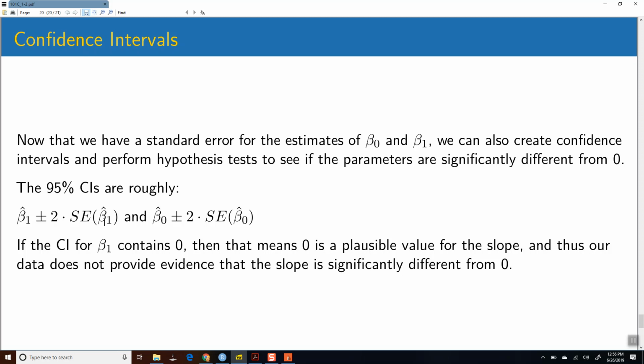It's possible that the population has no relationship between x and y, and that just by coincidence you're getting what looks like a positive slope, right? You're getting something that looks like a positive slope.